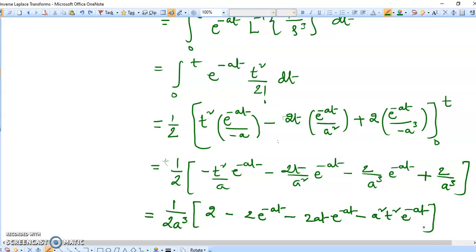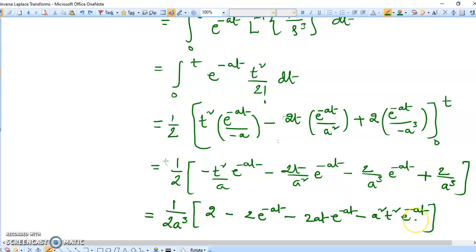You can cross check whether you are getting the same thing or not. 2t square, so a square t square by 2. So this will be our final answer.